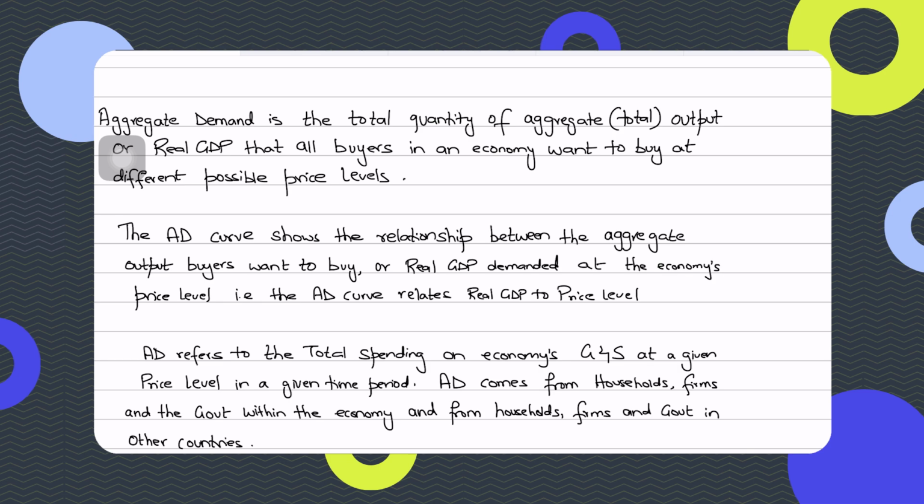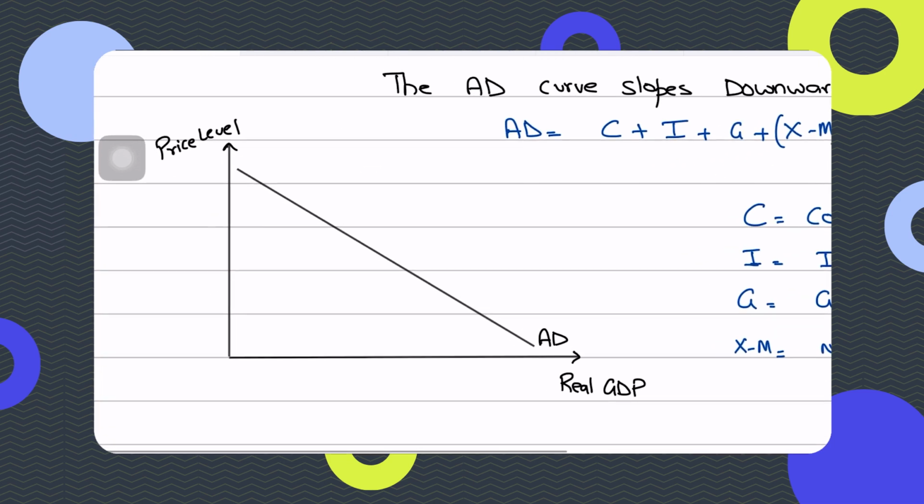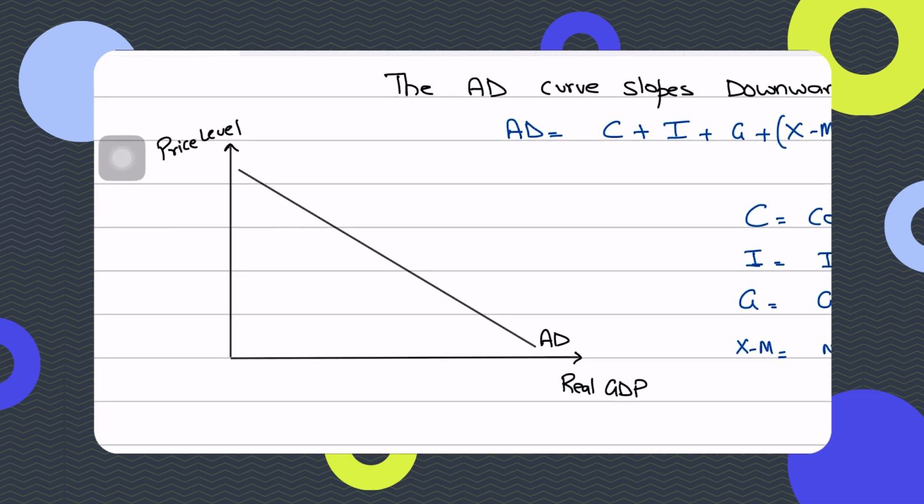And if you look at the aggregate demand curve, which establishes a relationship between price level and real GDP, you see that the aggregate demand curve is downward sloping, right? And the fact that it is downward sloping implies the relationship between the general price level and the aggregate real GDP, right?